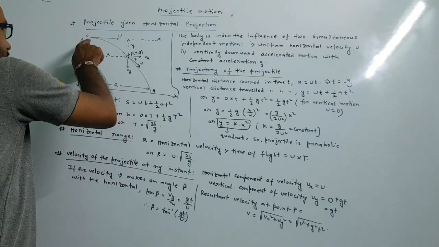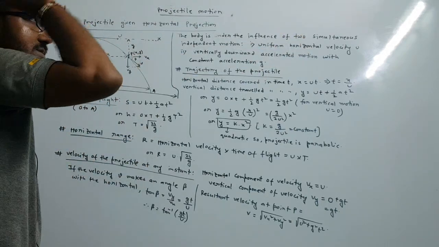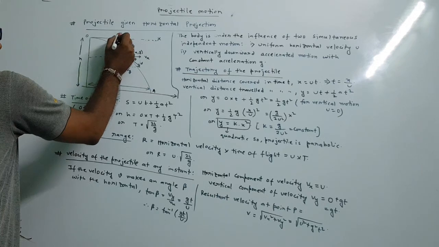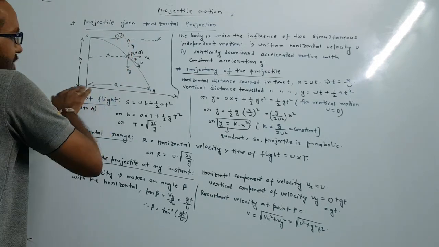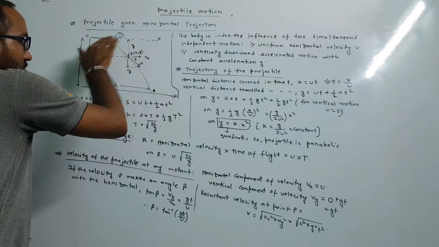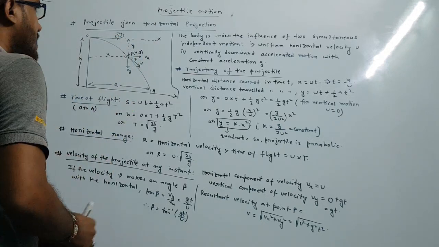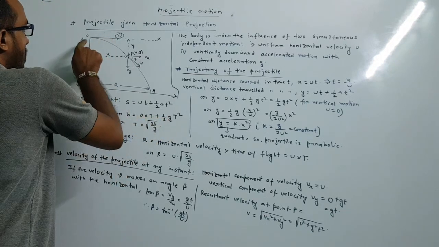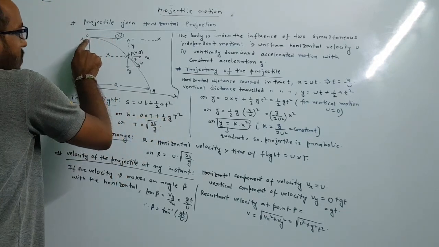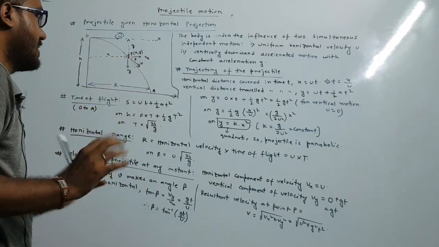So if you throw this object, you are throwing with a horizontal velocity. Let us say we are throwing this object with a horizontal velocity u. If this is x direction, that would also be x direction. So in our x direction, the velocity of the particle is u. Let us say in time t, the object comes from O to P point, and the coordinate of P is x comma y.